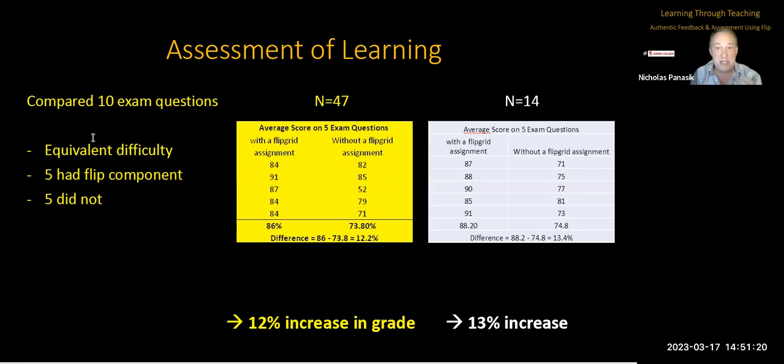And what we saw is that for the questions where there was a FlipGrid associated, there was a 12% increase in the grade versus the ones that didn't have a flip component. In a second course, where n equals 14 students, there was about a 13% increase.